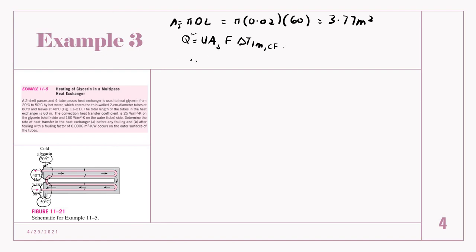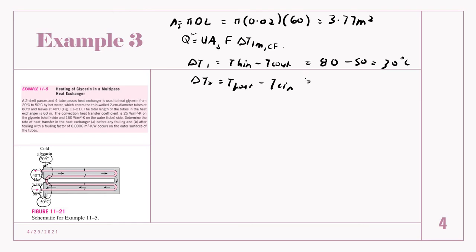So for the counter flow, we know that delta T1 is equal to TH in minus TC out, and delta T2 is equal to TH out minus TC in. So H in is 80, C out is 50. We get 30 degrees Celsius.